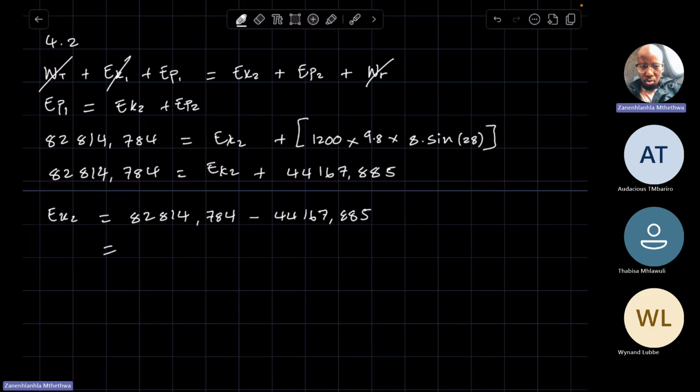And this should give us our EK2. So 82814,784 minus 44167,885. And then this gives us 38646,899 joules.